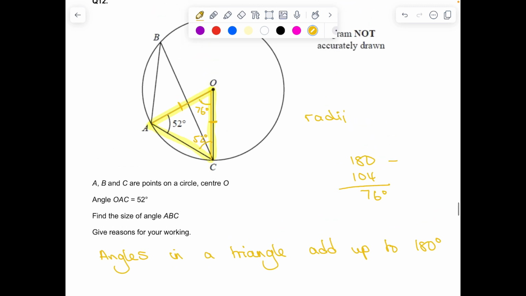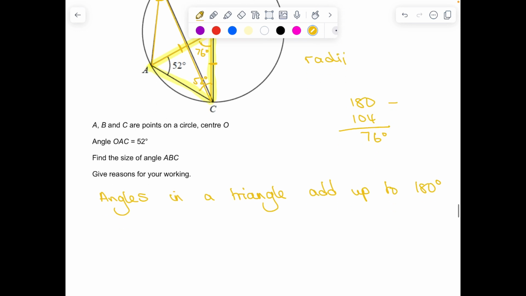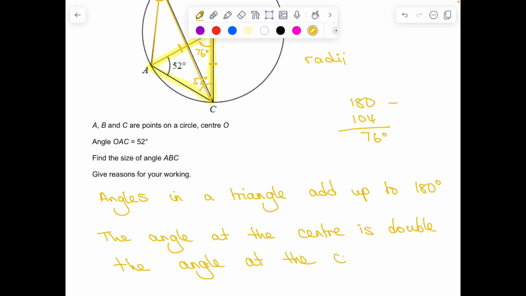And then they want us to find A, B, C, which is here. So A, B, and then C. So it's that angle there. So then we're going to use the fact that the angle at the centre is double the angle at the circumference.